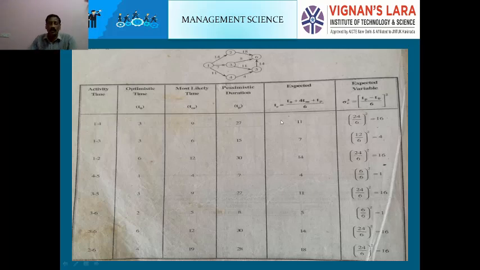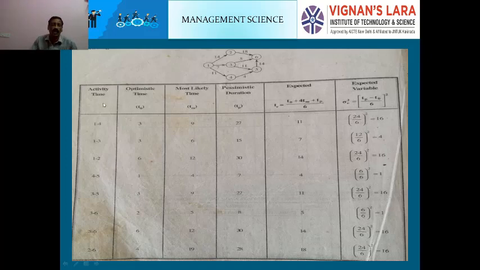This is a chart. According to the given information, 1-2 time is 14, 1-4 time is 13, 1-3 time is 7. Like that, I draw the network diagram. Already we know how to draw the network diagram. Now we will estimate the time. Time means expected time estimation.